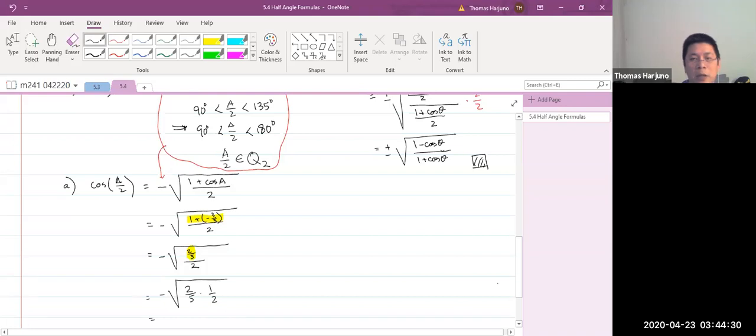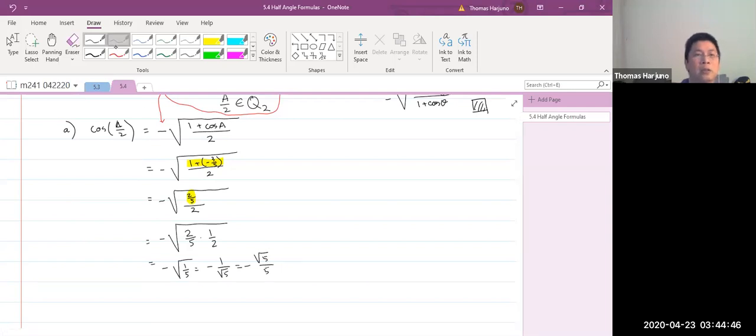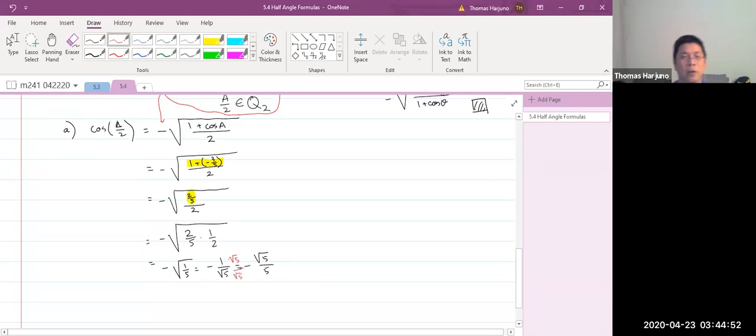That's negative square root of 1/5, which is negative of 1 over square root of 5, which is negative square root of 5 over 5, if I multiply by the square root of 5 over square root of 5. Okay, that's just to rationalize the denominator.